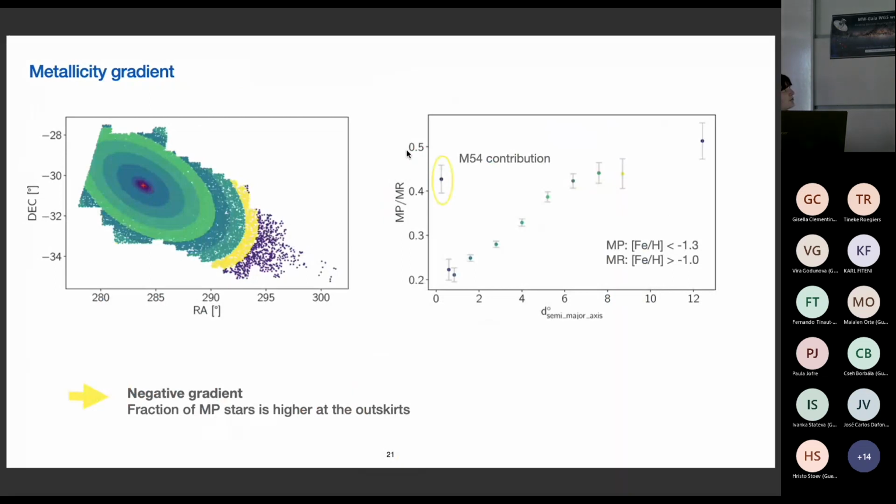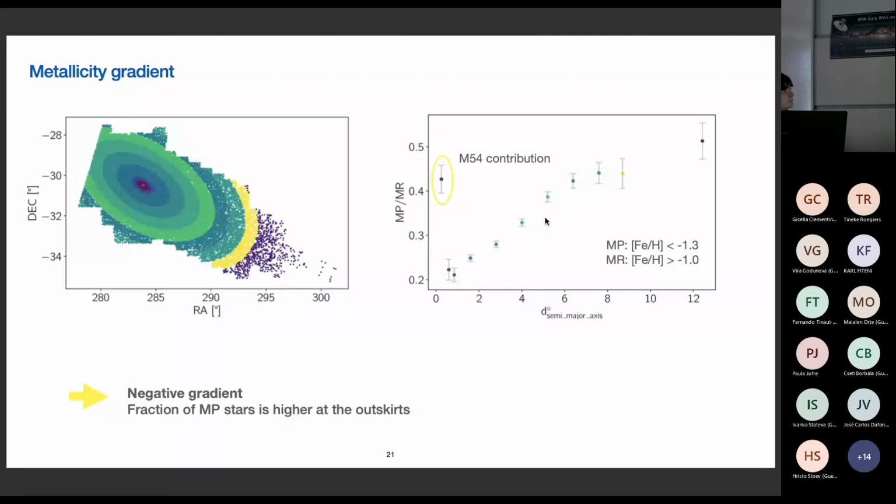And apart from the first rings, where it's clear that there is a contribution from the metal-poor nuclear cluster, we can see a clear trend that hints that the relative number of metal-poor stars grows moving far from the center.